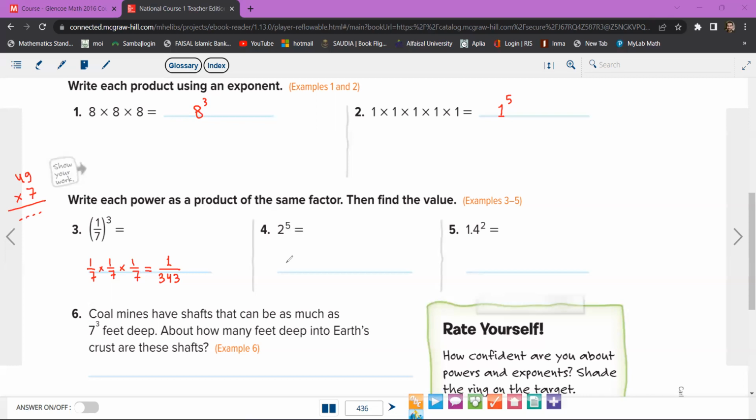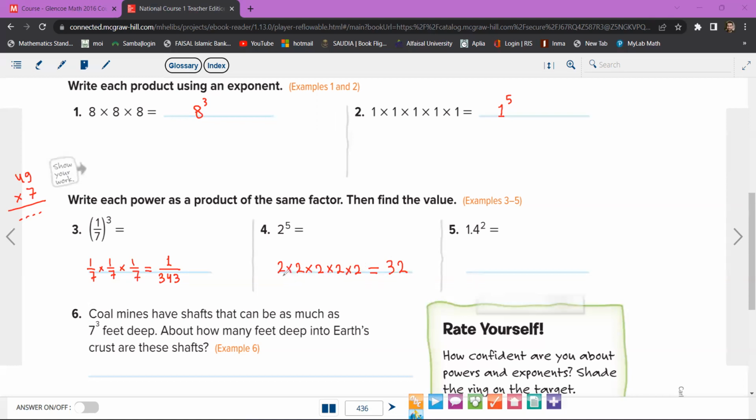2 to the power of 5 is 2 multiplied by 2 multiplied by 2 multiplied by 2 multiplied by another 2, 5 times. This should give you 32.